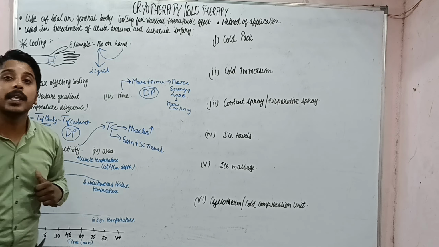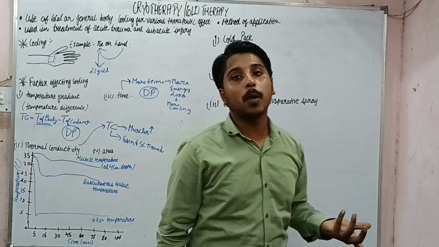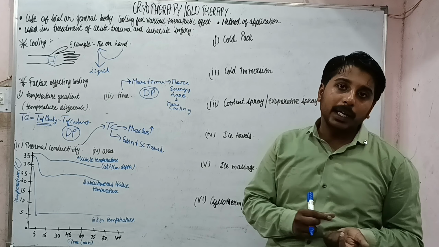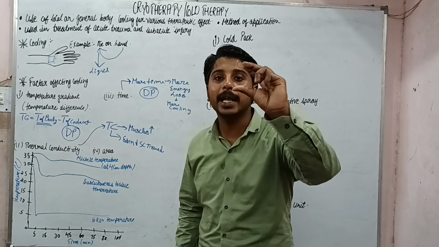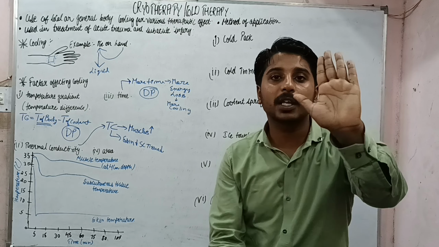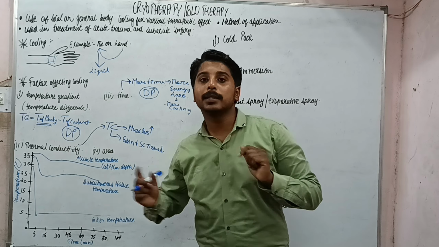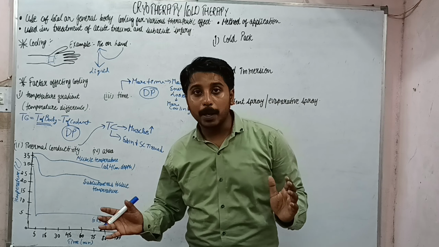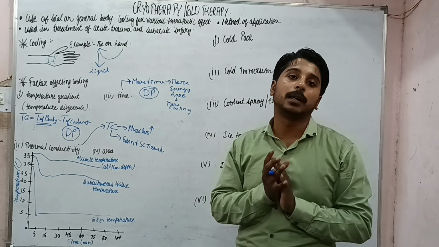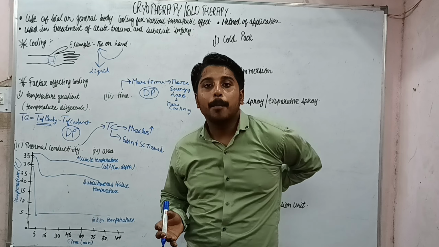And last is area. So this is also quite important. For example, an individual on whose palm we have kept a small ice cube, and there is another individual in which we are applying a big cold pack, that is on the whole back.